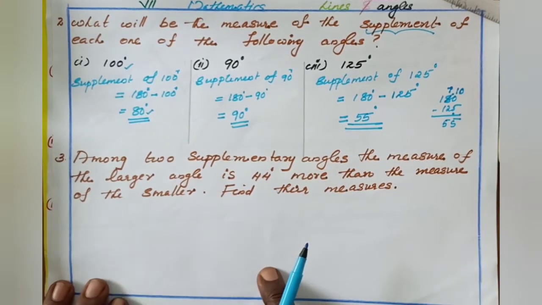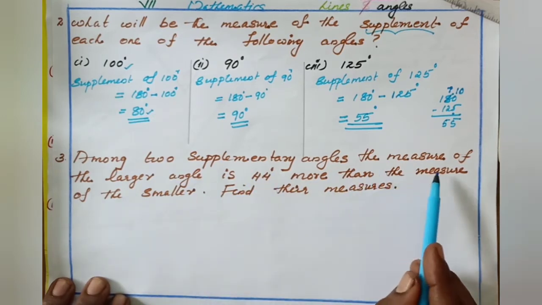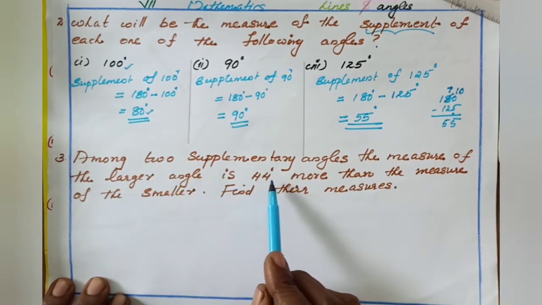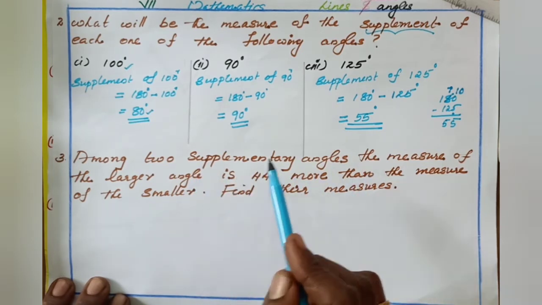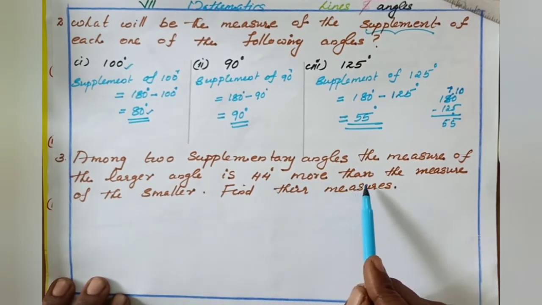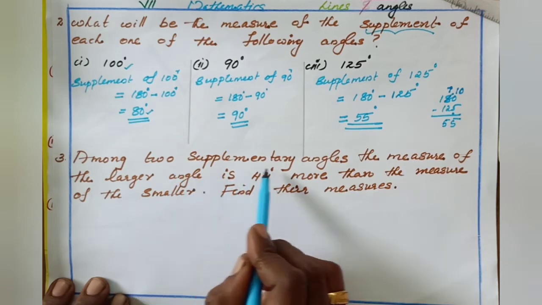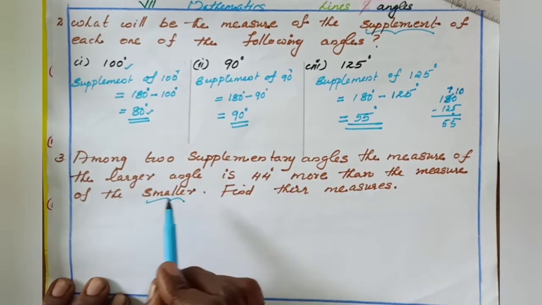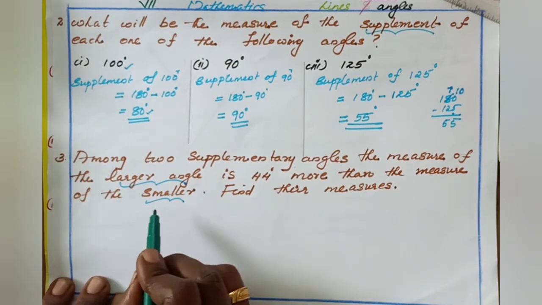Okay, next question. Among two supplementary angles, the measure of the larger angle is 44 degree more than the measure of the smaller. Find the measures. Here two supplementary angles are given, one smaller and one larger. The larger angle is 44 degree more than the smaller angle.